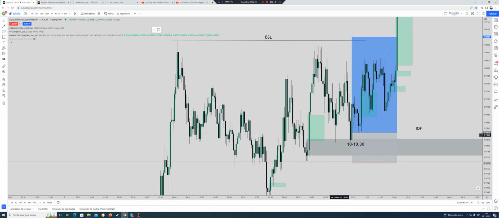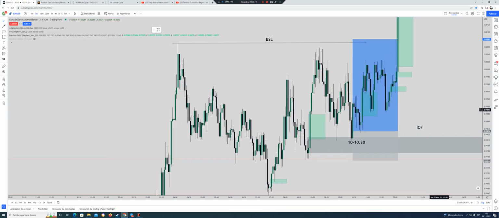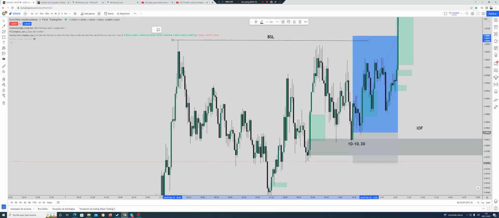So after that, price goes up at 10:15 and then goes down. What time are we at here? Actually 10:30 here, 10:42, 10:30. We waited those 30 minutes to collect information to see if price can really go up to take that buy side liquidity, and there you go.